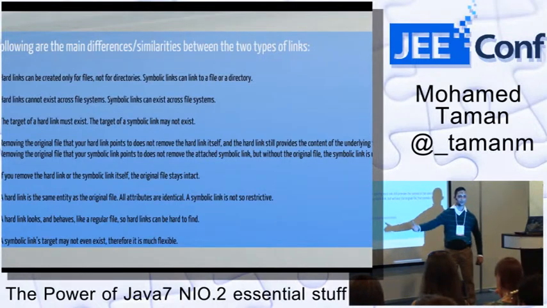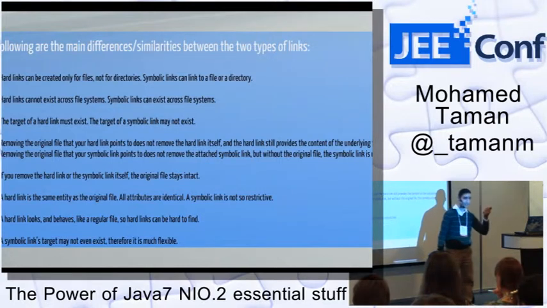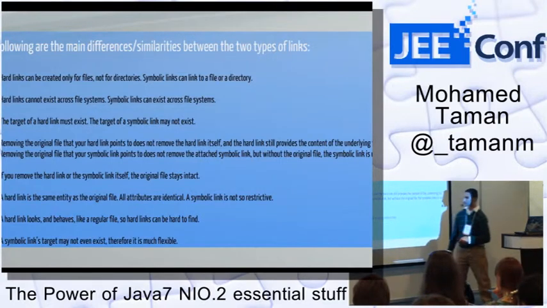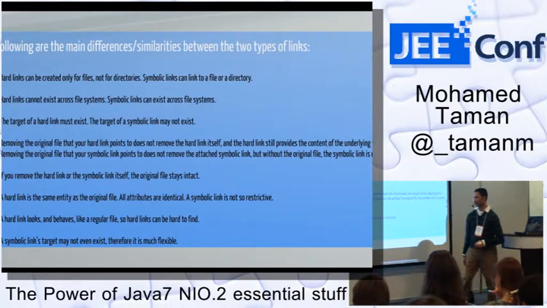If you have defined attributes here, you'll not find them on the symbolic link itself as a link. Hard links look and behave like regular files because they point to the content, and a symbolic link target may not even exist, therefore it's more flexible for shortcuts.